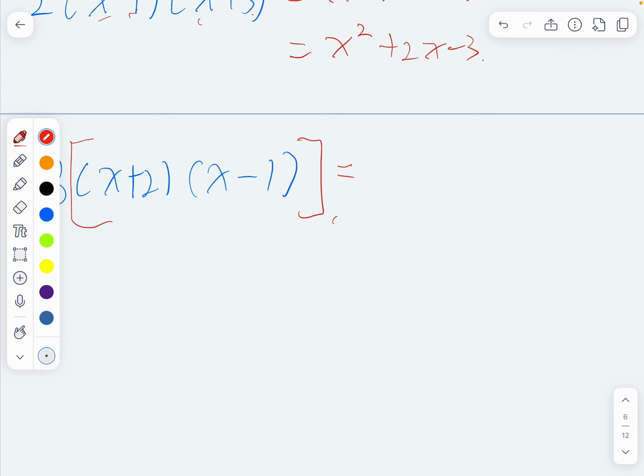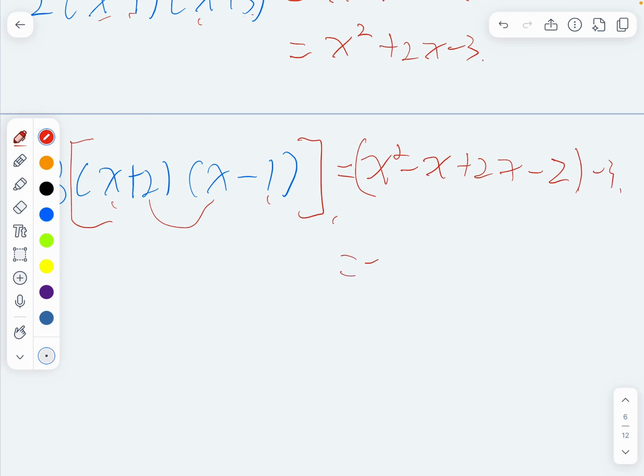So it will be the same one. It's going to be x squared, and negative 1 times x is equal to negative x. For 2x, that means plus 2x. For the last one, negative 2 times the negative 3.